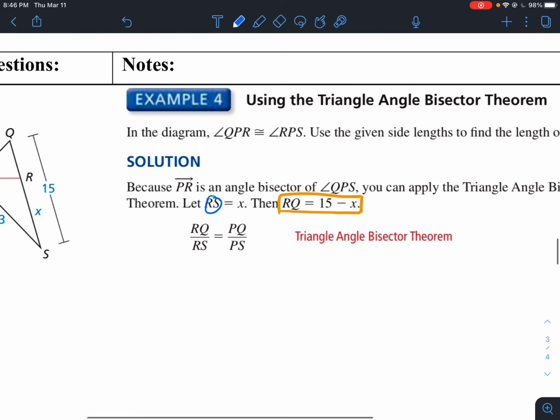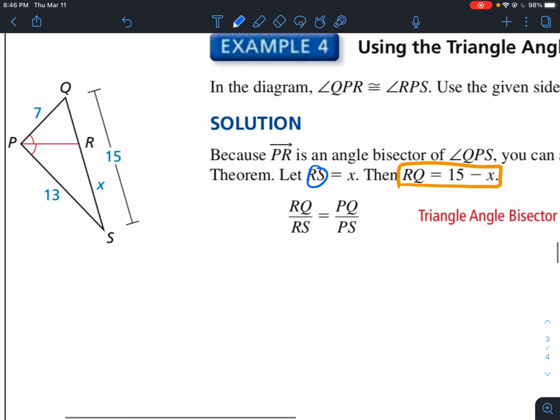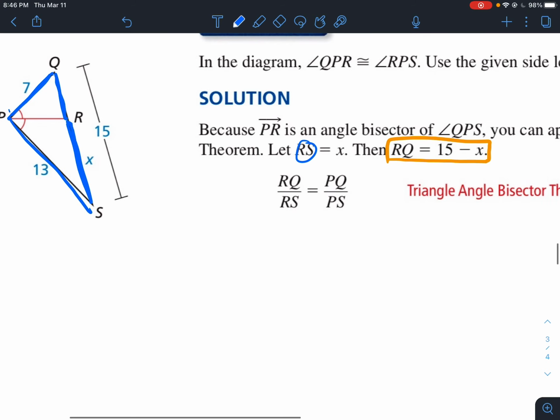Okay? So what we can say from the triangle angle bisector theorem is that RQ divided by RS is equal to PQ divided by PS. So the distance of RQ, as we know, is 15 minus x.